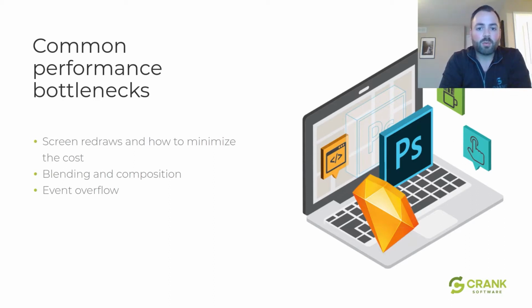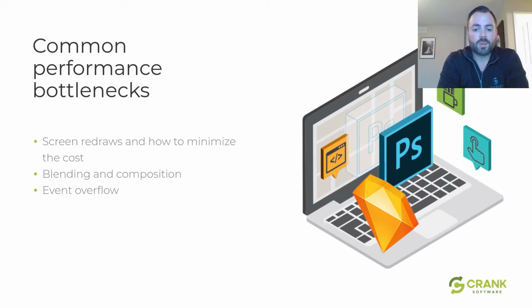Another type of performance impact might be event overflow. There's probably a lot of different names for this, but essentially you're sending data to the UI faster than you need, or even perhaps faster than you can service it.